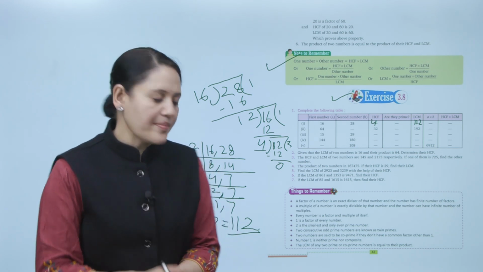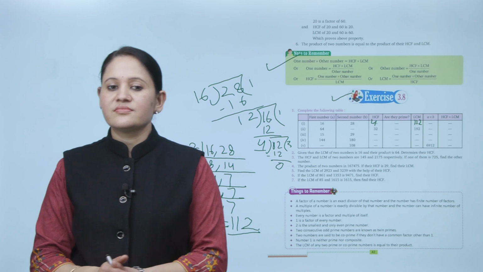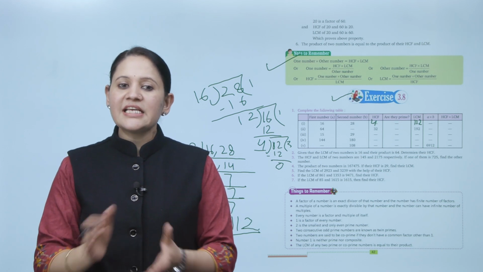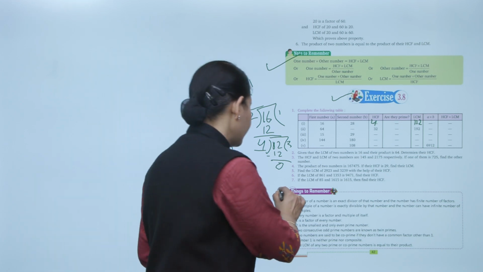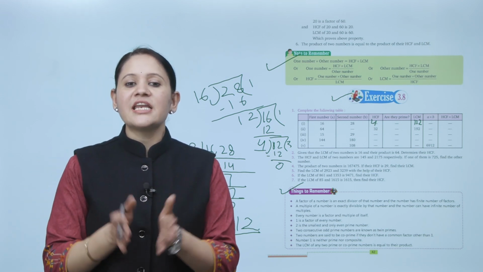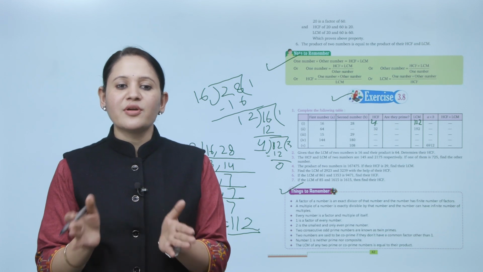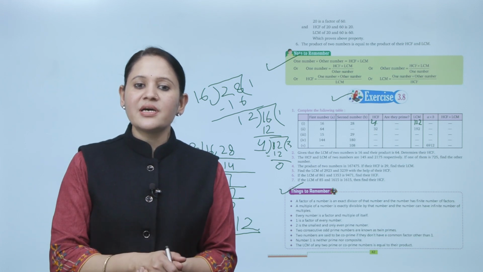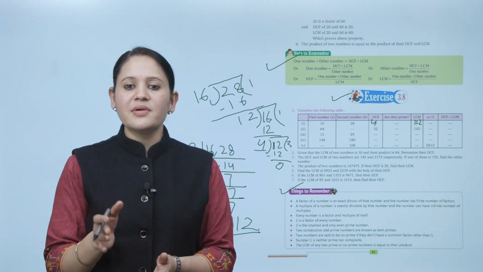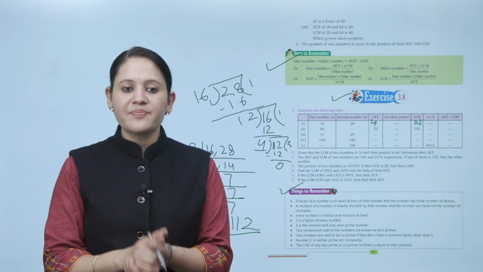Next is things to remember. A factor of a number is an exact divisor of that number, and the number has finite number of factors. A multiple of a number is exactly divisible by the number, and the number can have infinite number of multiples.